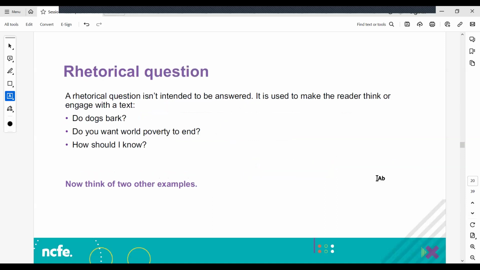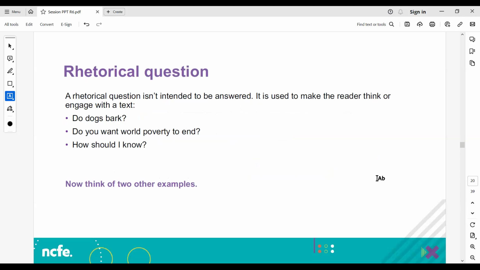So rhetorical questions. A rhetorical question isn't intended to be answered, it's used to make the reader think or engage with the text, again emphasising a point. So, do dogs bark? We all know that they do, so we don't need an answer, it's just used to make people think or engage.